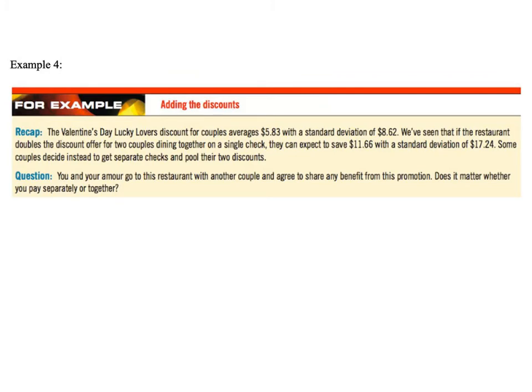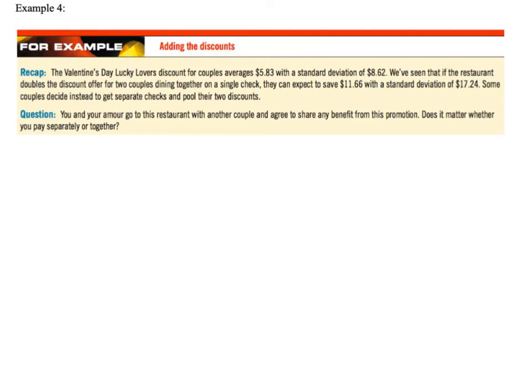So it says, you and your amour go to this restaurant with another couple and agree to share any benefit from this promotion. Does it matter whether you pay separately or together? So we just saw the $11.66 and the $17.24 as a result of paying together on a single check. So let's look at paying separately, but then combining our discounts.